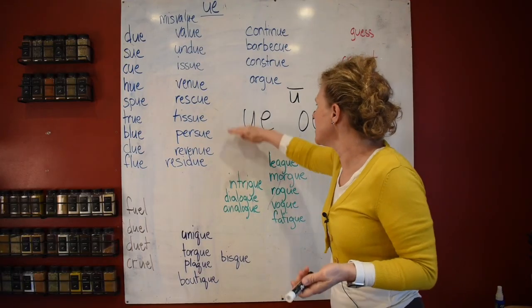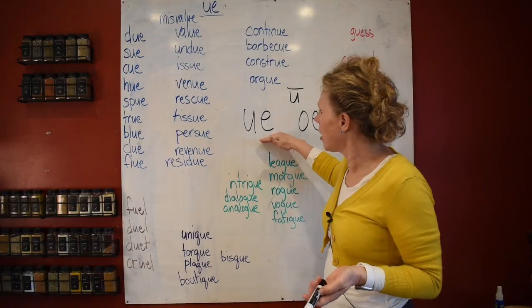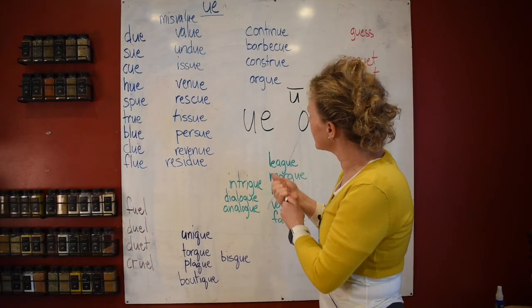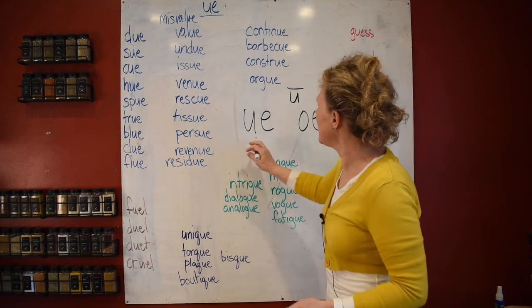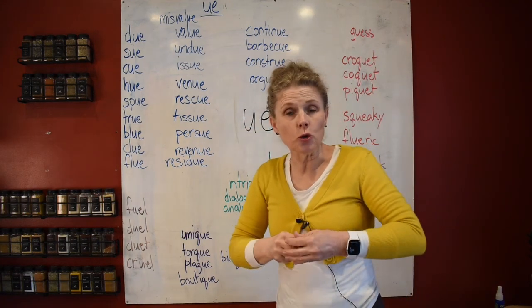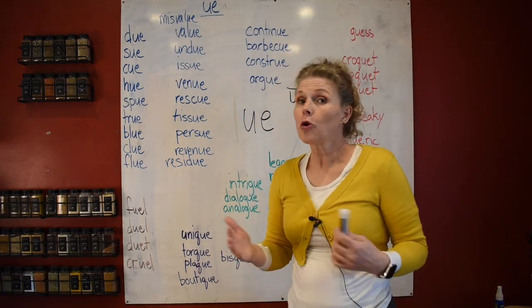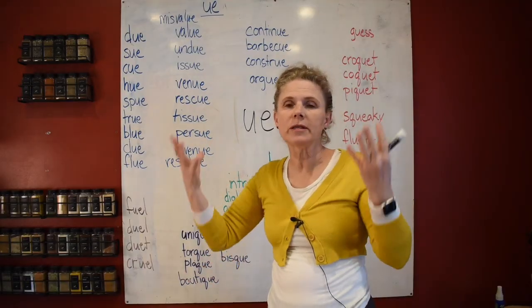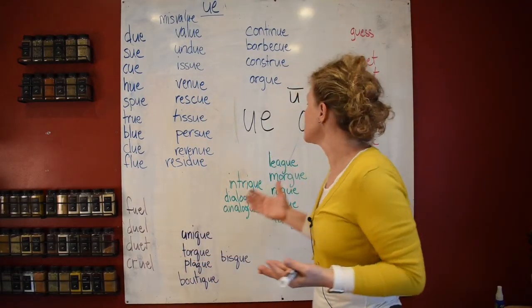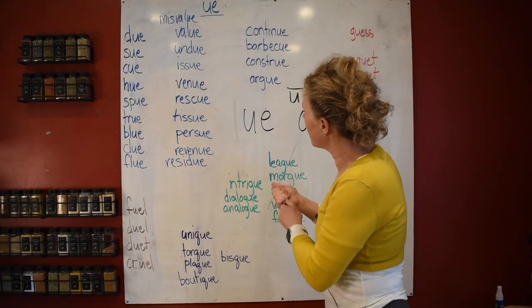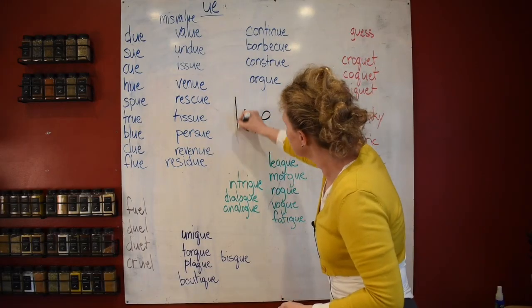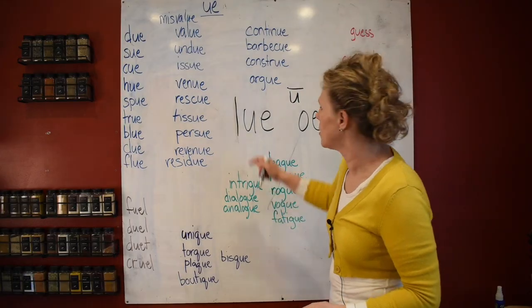Now this sound, depending on what comes in front of it, will make it sound either like you, or oo, and your mouth will naturally do it. So if I put an L in front of this, it says Lu.